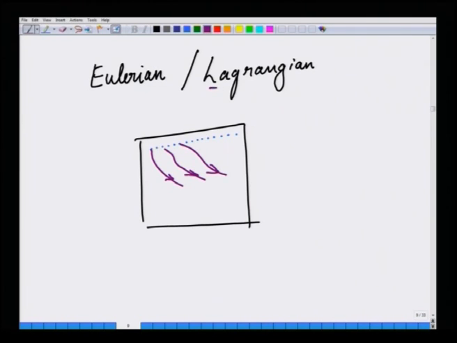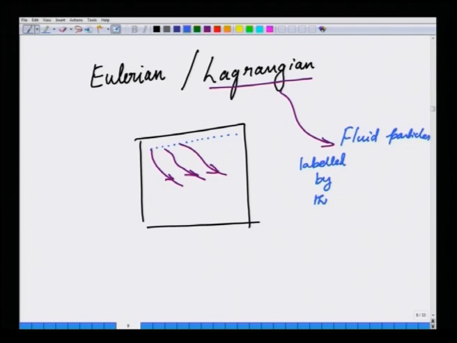Each point in the Lagrangian approach, each fluid particle or material point, is labeled by its position at time t equal to 0, which we called x0 p, where p stands for particle.